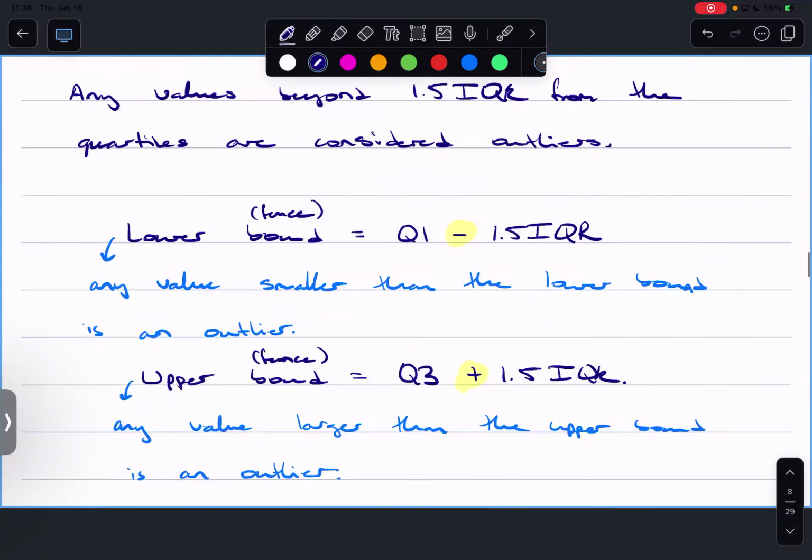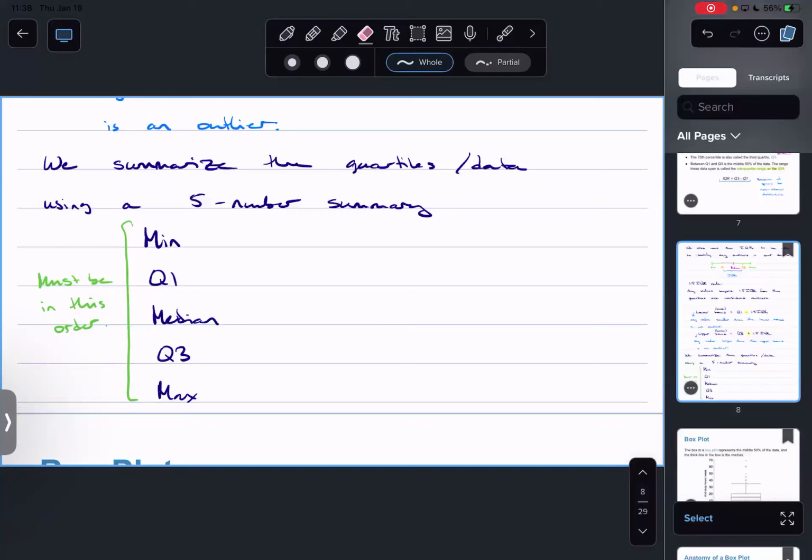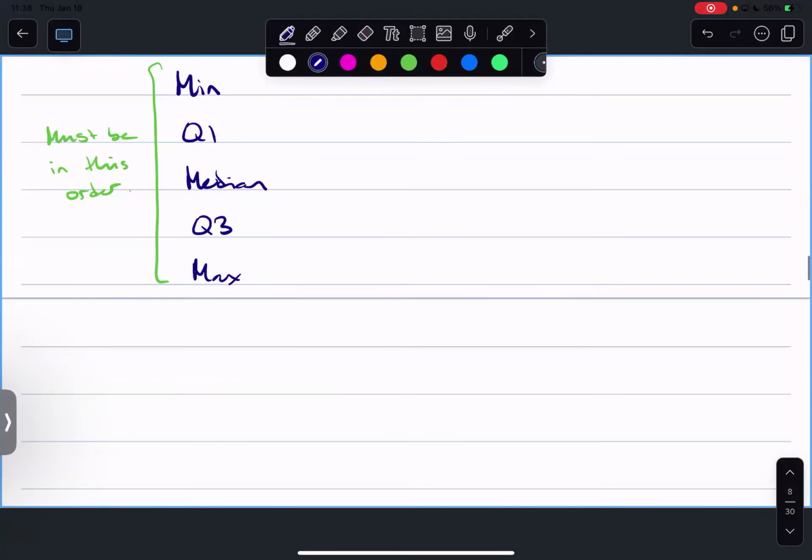Oh, you know what? Let's do a bigger example, actually. I'll add a page. Let's do a proper example.